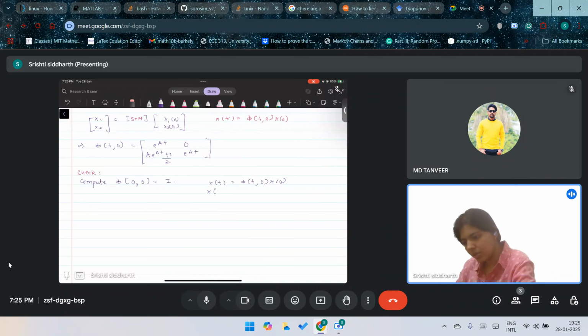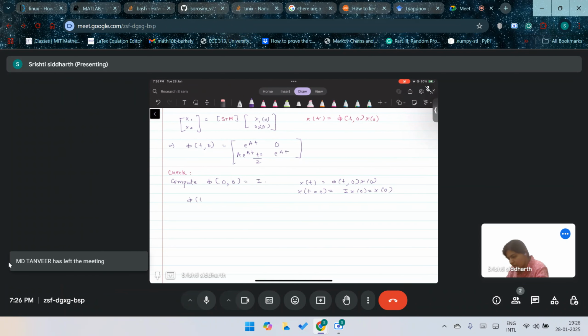So at t equals 0 we have identity times x0, which is the initial condition. Okay, so let's just check. You can substitute t equals 0 and we get e to the power A0 identity and then 0 and identity again. Alright, so if this is clear, let's move on.